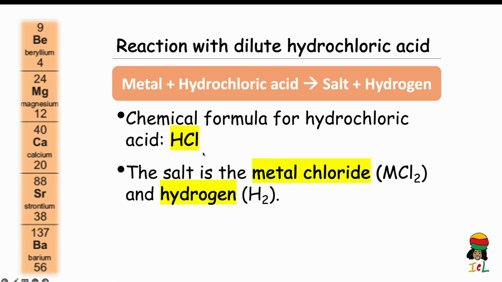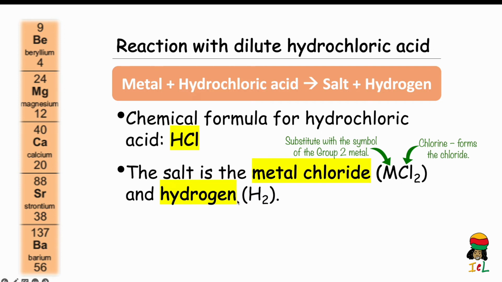So the salt of the reaction would be the metal chloride, denoted MCl2, where M represents the symbol of the group 2 metal that has reacted with the hydrochloric acid, and Cl represents chlorine, which forms the chloride salt. Note that 2 chlorine atoms bond with a group 2 metal to form the salt.